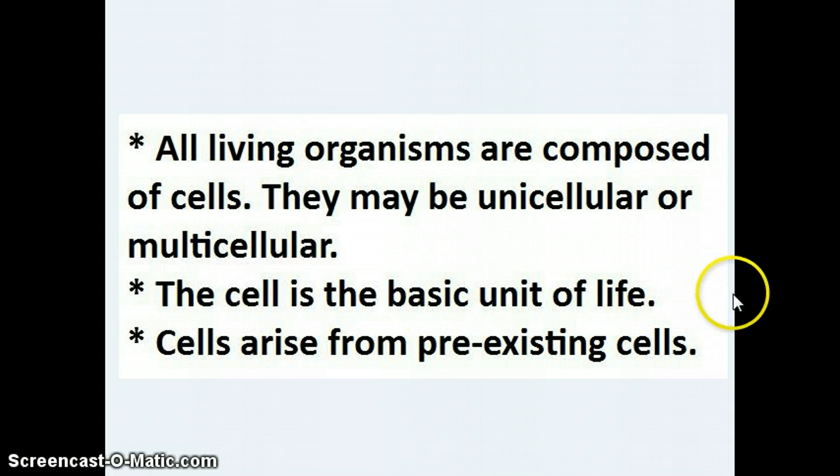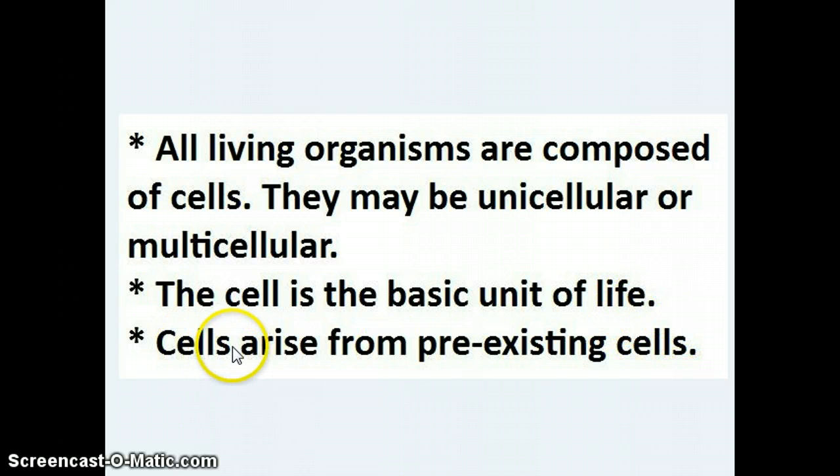The other idea is that the cell is the basic unit of life. And when we're talking about this, we mean in regards to structure and function or organization. So we're going to look in more detail at the cells and different functions of the cells. But it's important to know that the reason we're looking at cells is because it is the basic unit of life. All life is made up of cells.